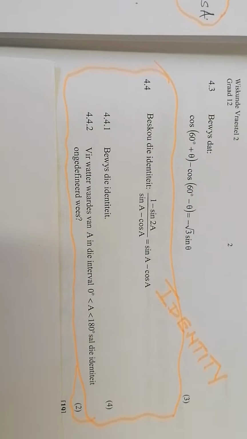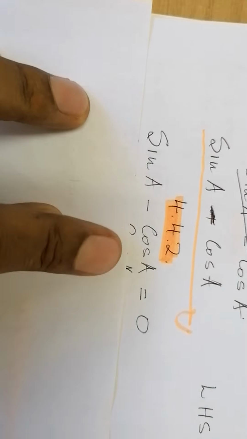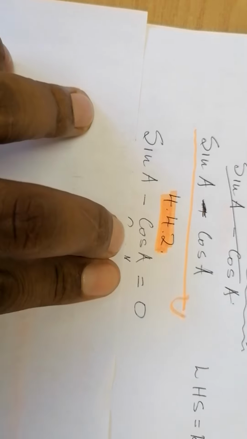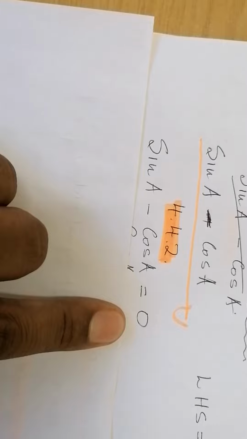Look at what I did there. I went to my identity, took the denominator, which is sine A minus cos A, and said it would be undefined if it equals 0.